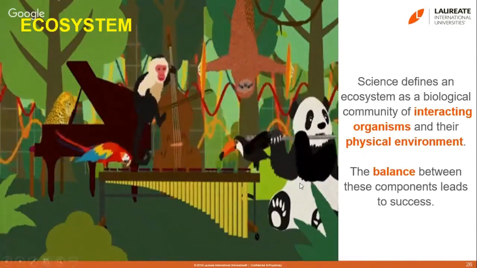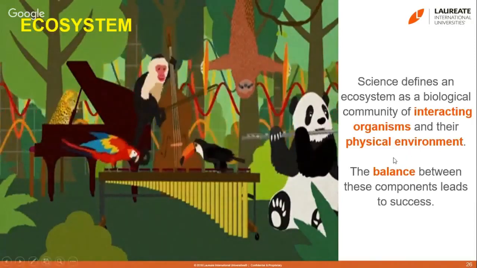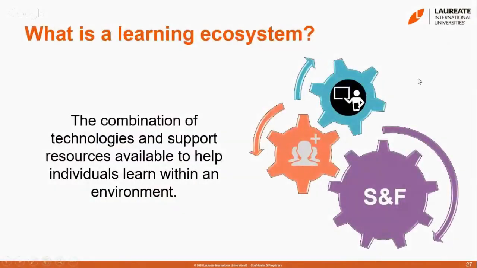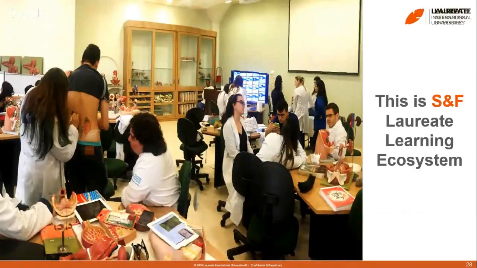And how can I transpose this concept to the learning ecosystem? We consider that a learning ecosystem is the combination of technologies and support resources available to help individuals learn in an environment. So we want to provide a learning ecosystem for our students.